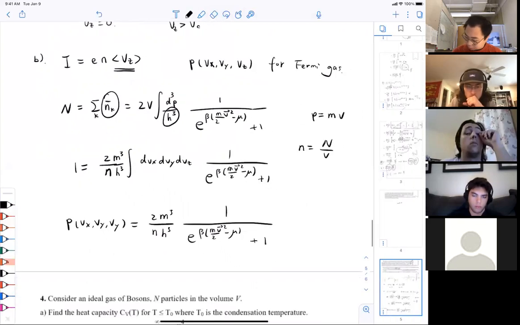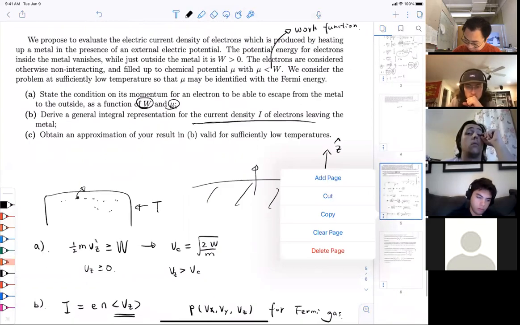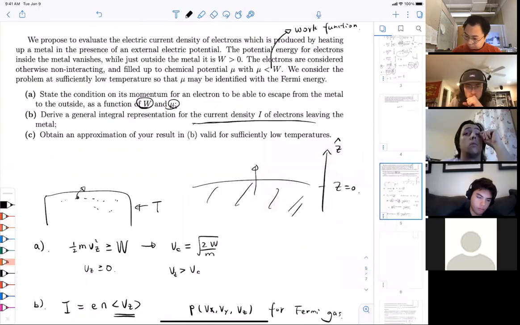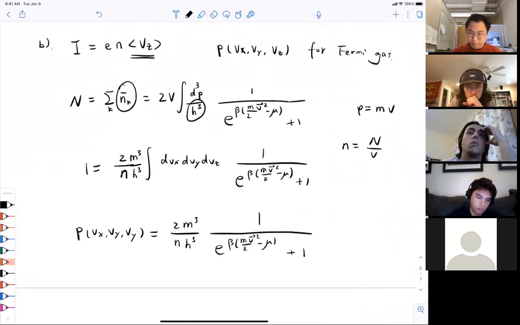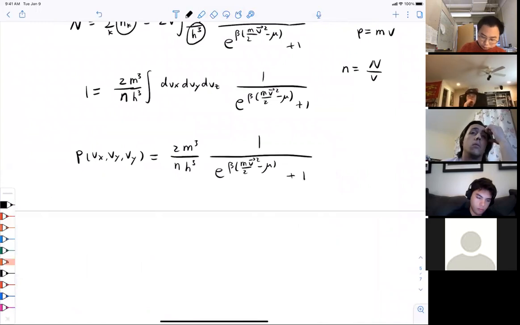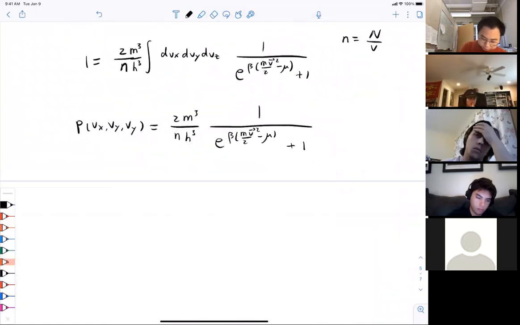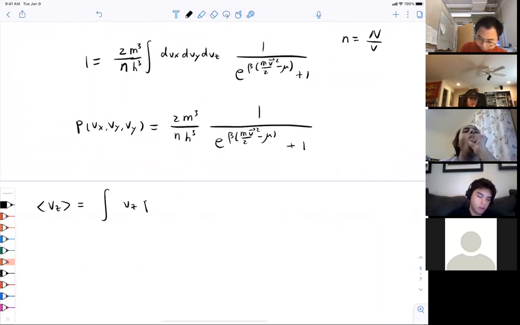Let me add one more page. So once we have this distribution, we are ready to evaluate this average velocity, which is given by the integral of Vz times the distribution.